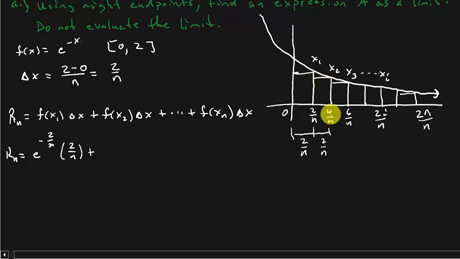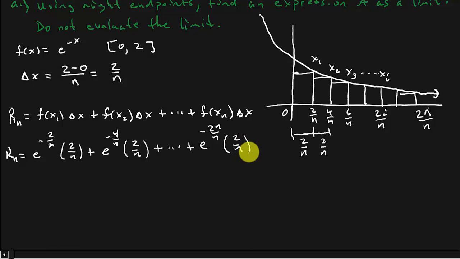What is that? That's when x is 4 over n. So I'm going to take the 4 over n and plug it in for x. So that's e to the negative 4 over n times the width, which is delta x. And we're going to do that all the way to f of xn. So now I'm going to plug this one in. So that's going to be e to the negative 2n over n times the width, which is 2 over n.